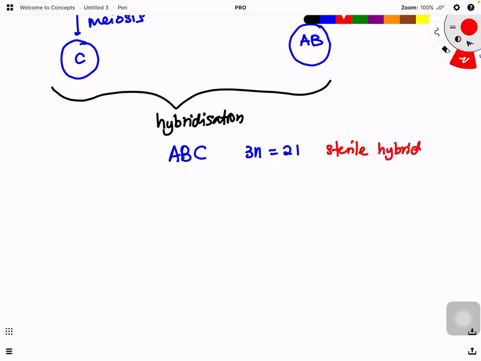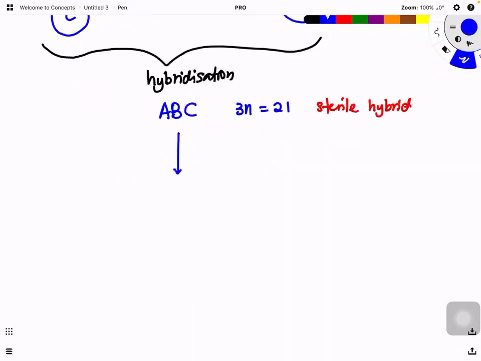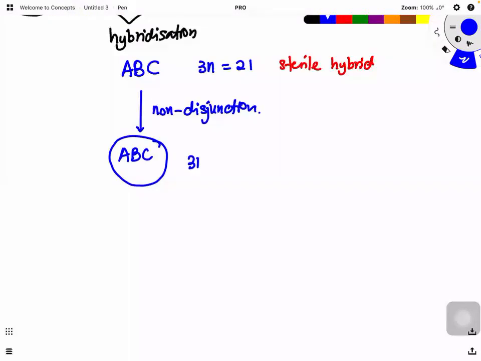But if this ABC manages to carry out non-disjunction mutation, it produces triploid gametes. Can you see that? ABC, 3n equals 21, is a triploid gamete.